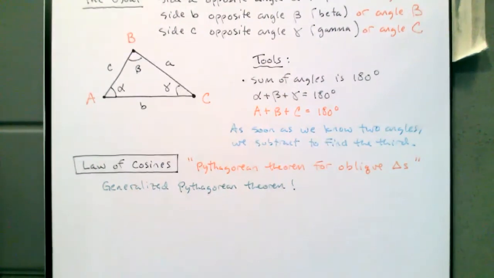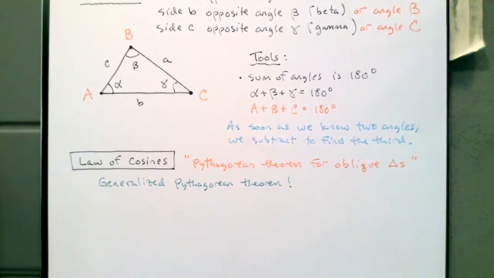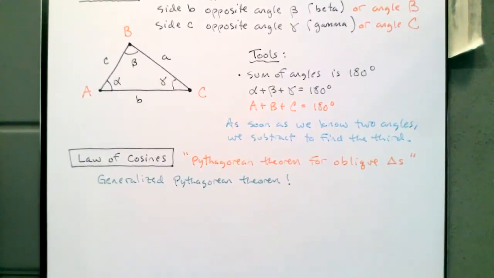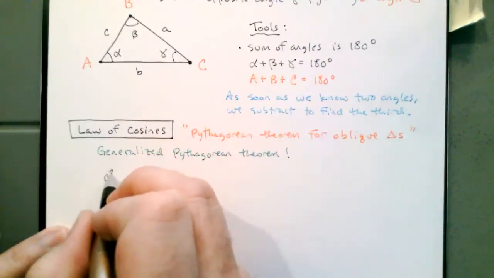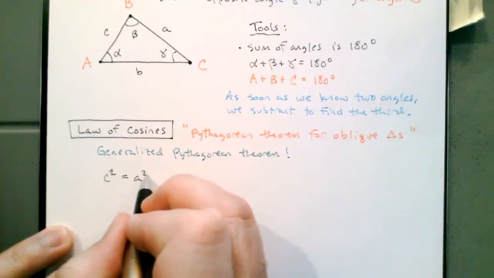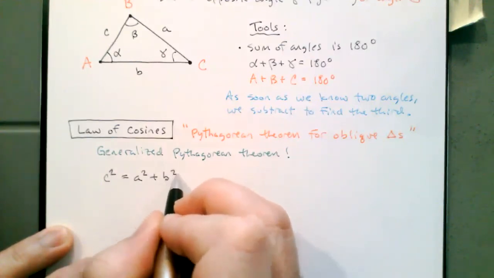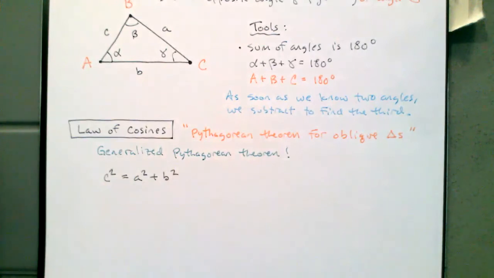So in our usual triangle, where side A is opposite angle alpha, side B is opposite angle beta, side C is opposite angle gamma, the law of cosines says the following. C squared is equal to A squared plus B squared, dramatic pause because you're like, oh, wait, isn't that the Pythagorean theorem?